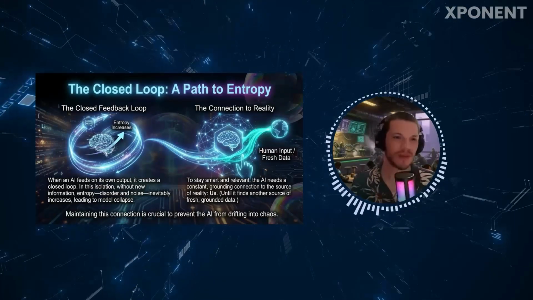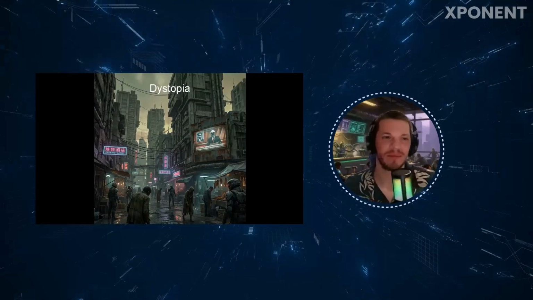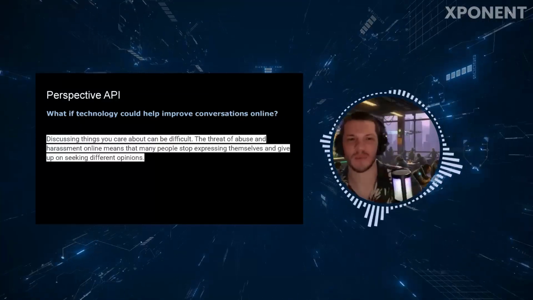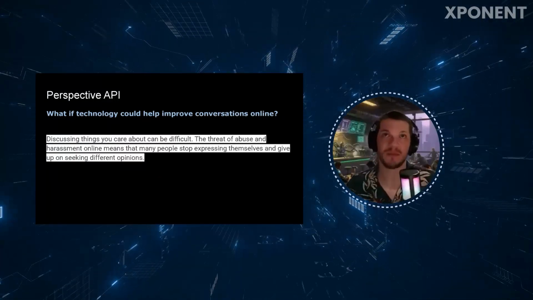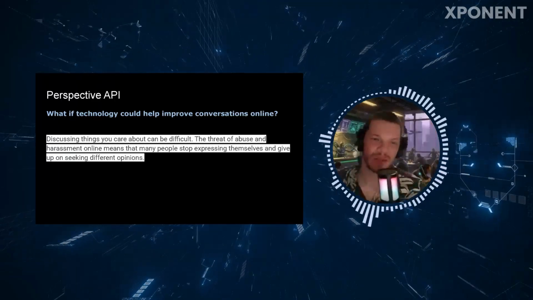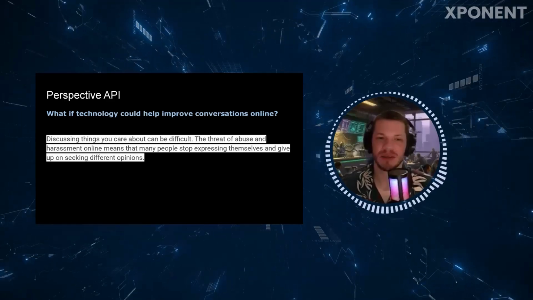That will lead nicely into dystopia. So some things we have to watch out for. Algorithmic governance. This is a project, Perspective AI, started by Google in like 2014 or so. I like to call it automated thought policing. It scores comments on toxicity.